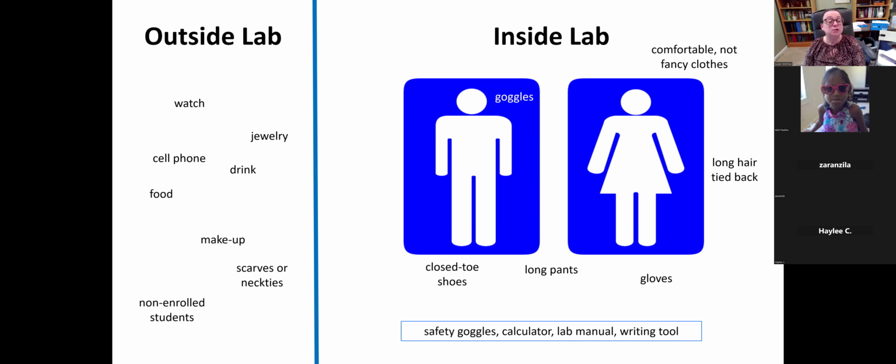And you should be comfortable. You should be able to move, but again, it shouldn't be so loose and baggy that every time you reach for something, you're dragging a sleeve through your experiment or knocking over your graduated cylinder, right? So comfortable, but not fancy.